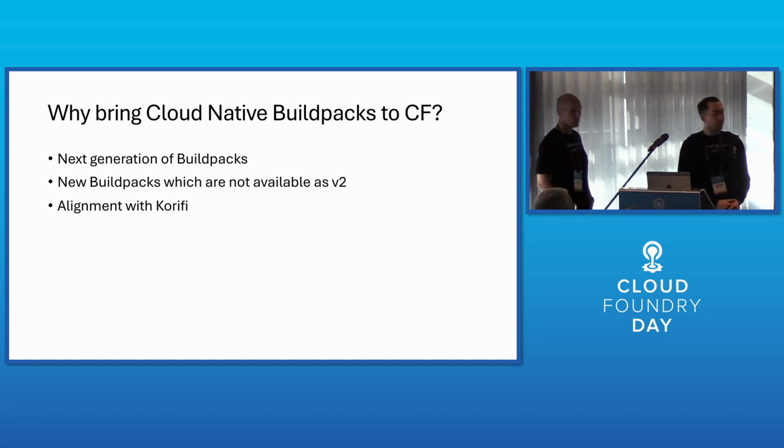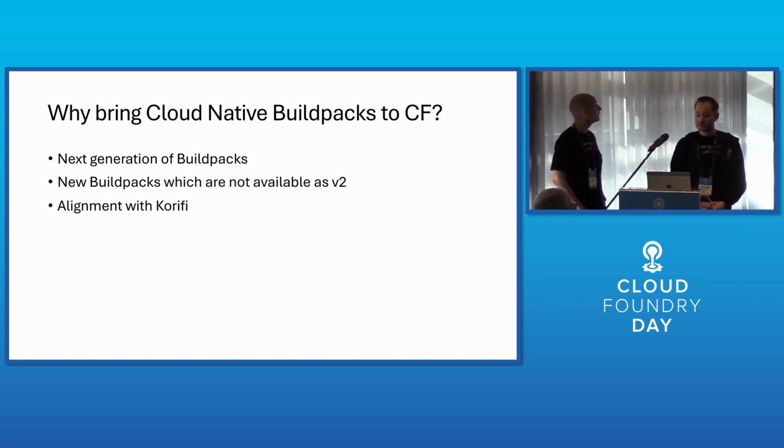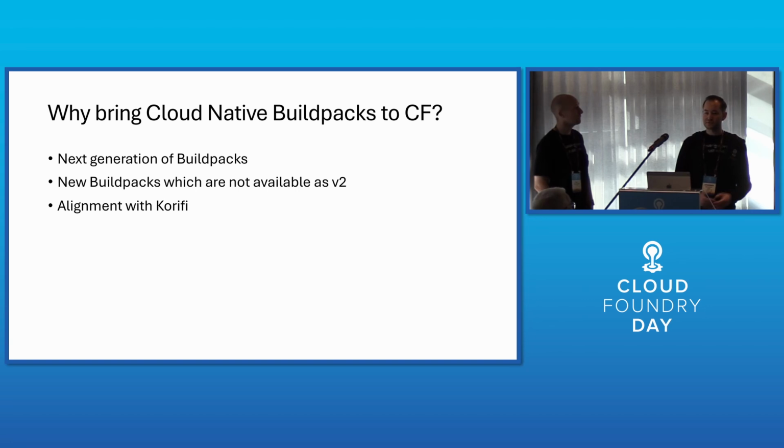So why bring Cloud Native Buildpacks to CF at all? It's the next generation of Buildpacks, and it comes with a different architecture. If you take the classical V2 Java Buildpack, for example, it's one big offering, I would say one monolith, and Cloud Native Buildpacks split it apart. There are multiple buildpacks providing JVMs, and buildpacks which provide capabilities for building Java apps, for example using Maven and others.